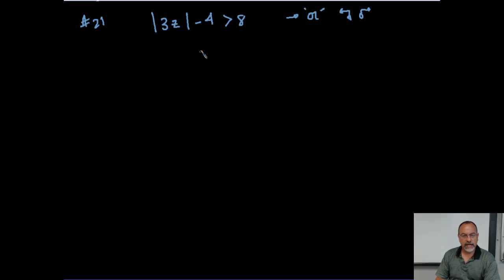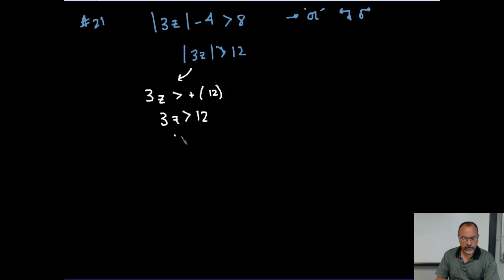So we need to isolate the absolute value. We're going to add 4 to both sides: absolute value of 3z greater than 12. Now that we have the absolute value isolated, I can write my two inequalities. I have 3z greater than, and I'm going to take the positive of this whole side. So 3z greater than 12, so z is greater than 4.